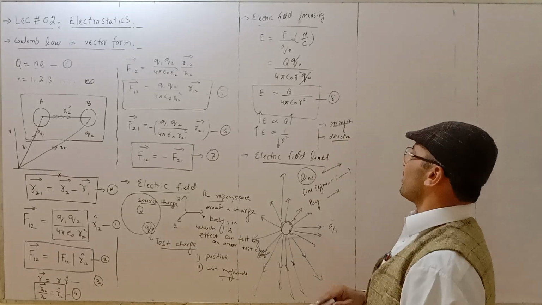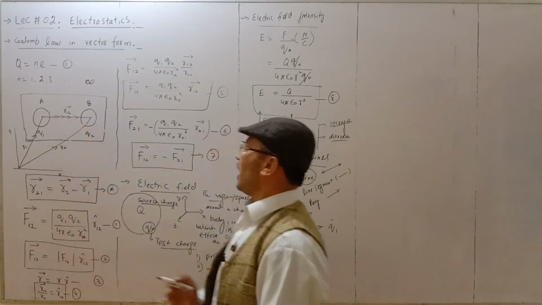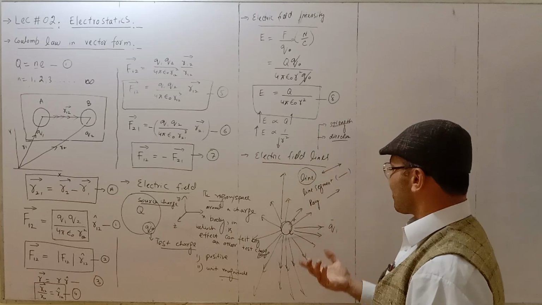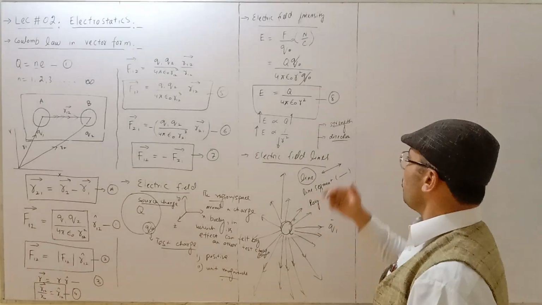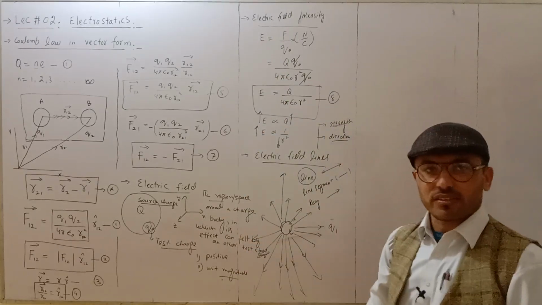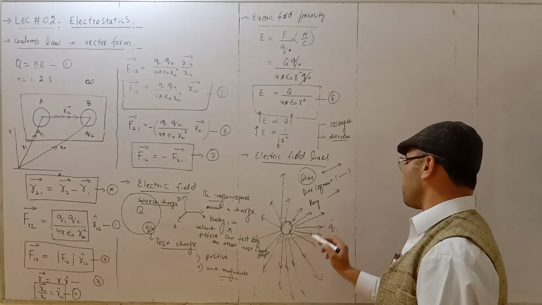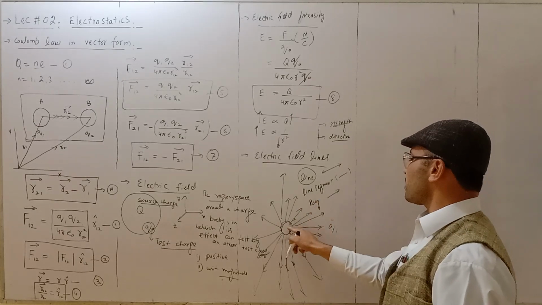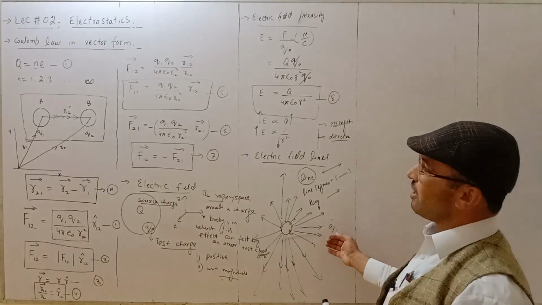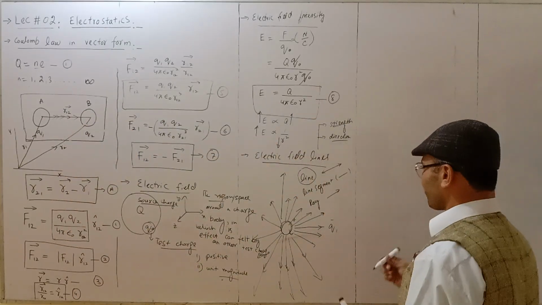The second is direction, which is represented by a unit vector. So electric field lines are lines around any charge that give the strength and direction of the electric field intensity. These lines emerge from positive and enter into negative charges.